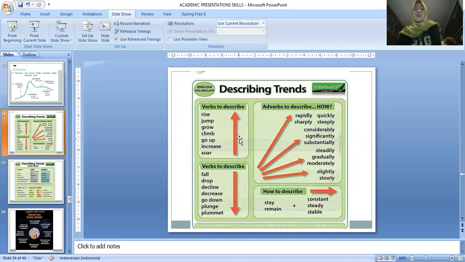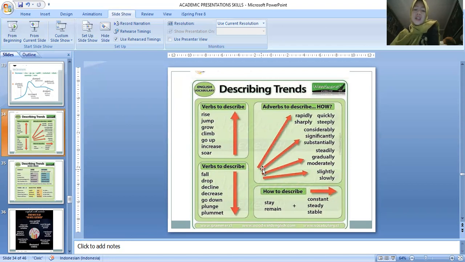And here, the verbs to describe the decrease, such as fall, drop, decline, decrease, go down, and plummet. And this is about how it increased. For example, rapidly, quickly, sharply, steeply. It increased rapidly, for example.